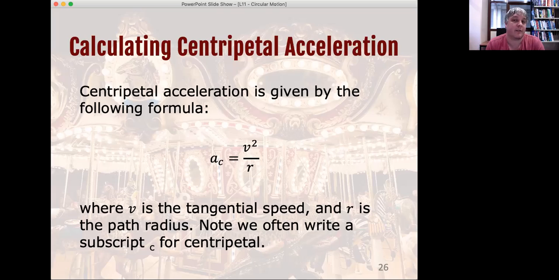If you increase the velocity, then your radius is going to increase. If you increase your acceleration, your radius is going to decrease. And then you can just remember this formula. So the centripetal acceleration is v squared over r. We put a little subscript c for centripetal. It's not required, but again, it's just a good habit to get into, to use those subscripts to remind yourself of what we're talking about and what we're dealing with.